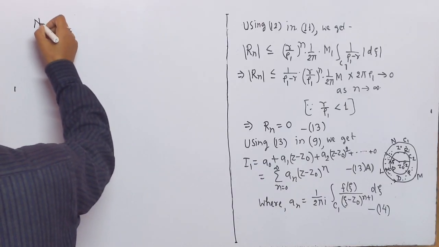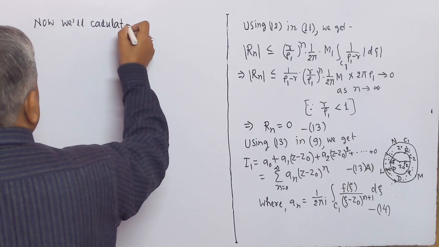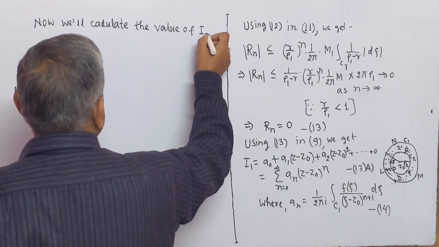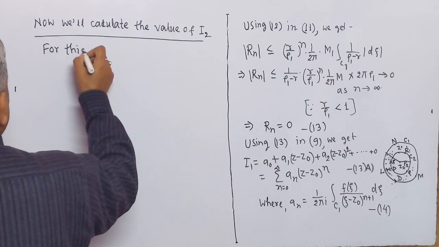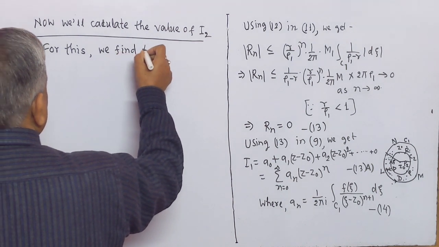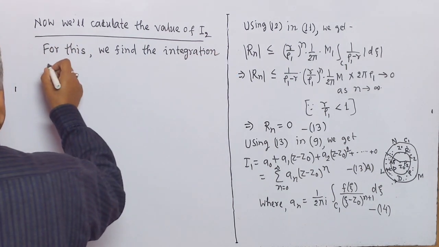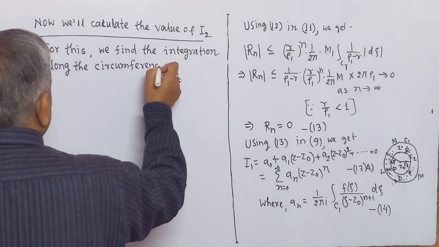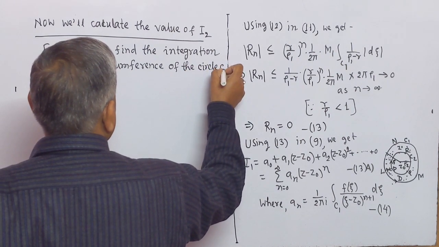Now we will calculate the value of I2. For this, we find the integration along the circumference of the circle C2.